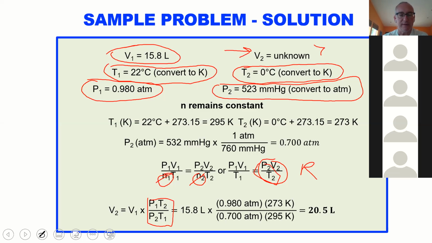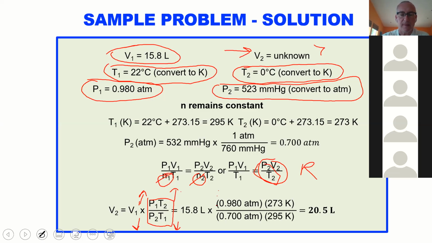Now, because the pressure is inversely proportional to volume, we have the new pressure on the bottom and the old pressure on the top. And because the relationship of temperature with volume is direct, we have the new temperature on the top and the old temperature on the bottom. One is directly related, the other is inversely related, right?